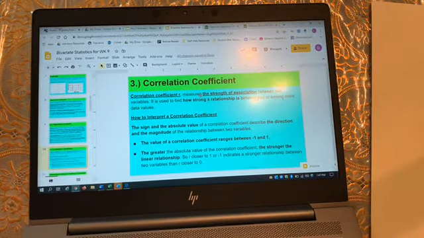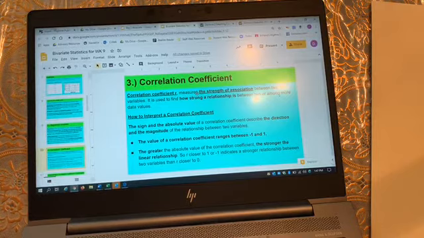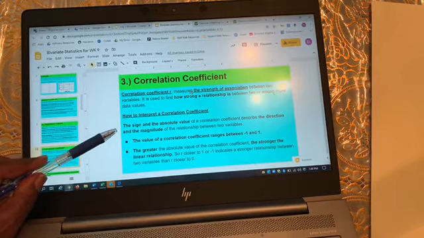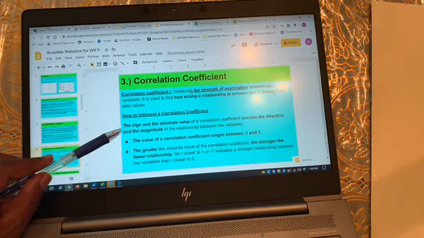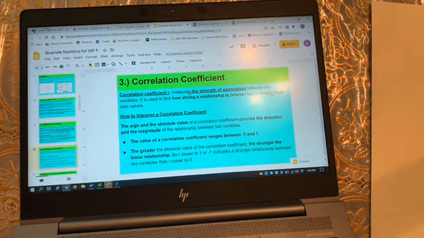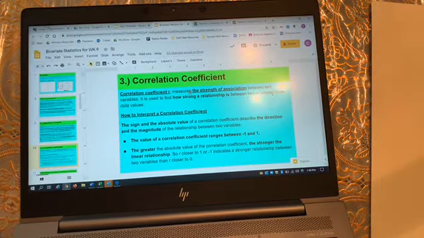The coefficient will show us how much they are correlated with each other. How do we interpret it? The sign will tell you the direction of the pattern, but the absolute value tells you the magnitude of the relationship or the correlation between the two variables.